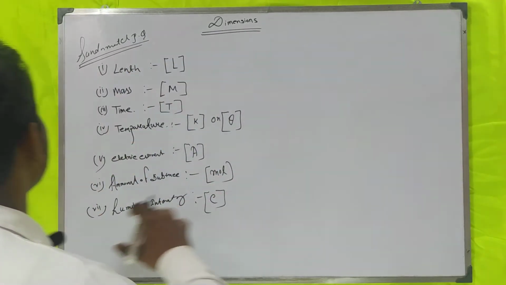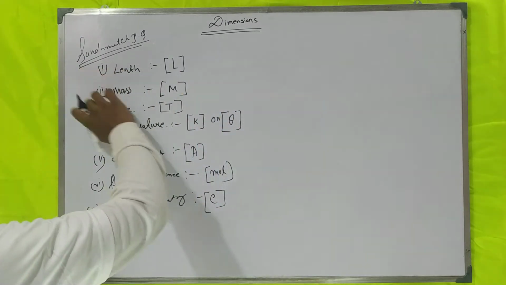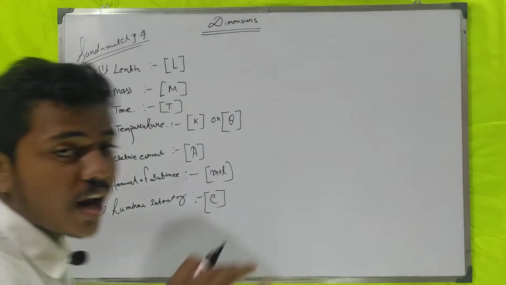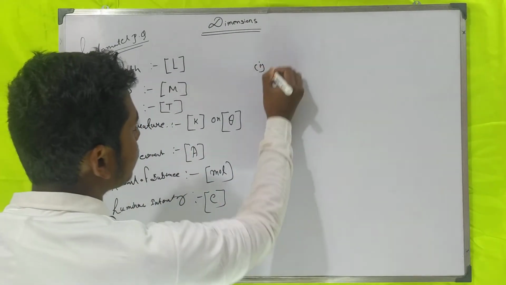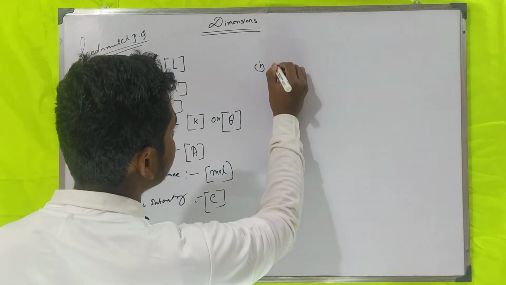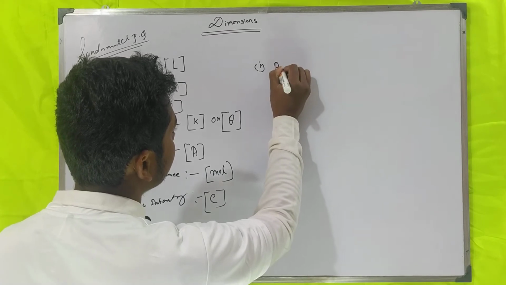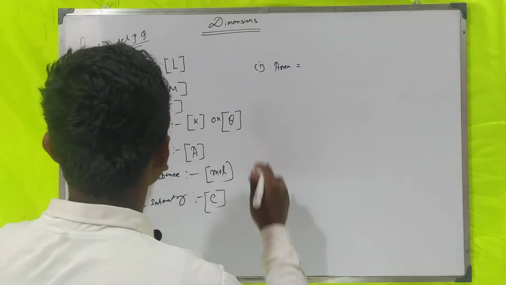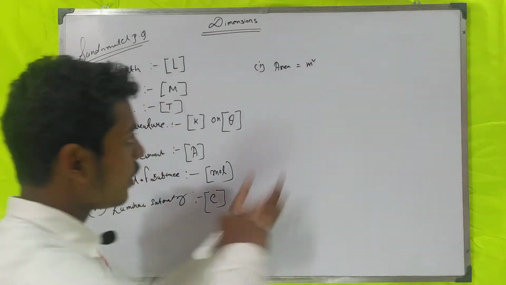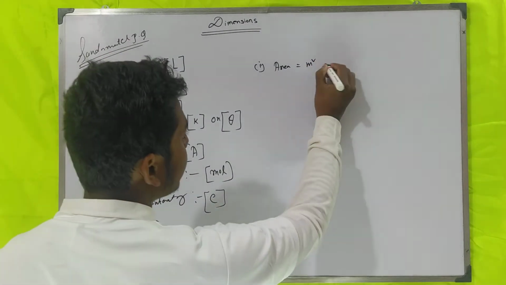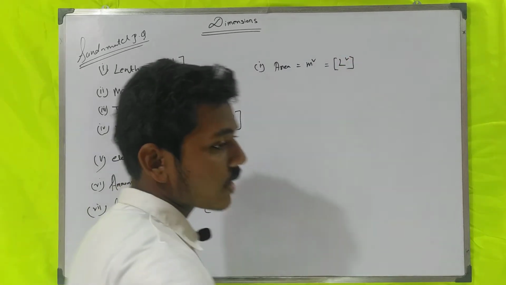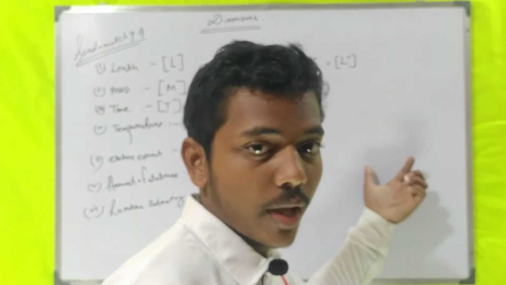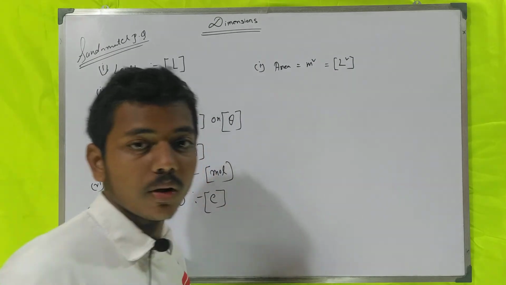We can find the dimensions of derived physical quantities, such as area. The unit of area is meter square, and the dimension of area is length square, meaning length into length.